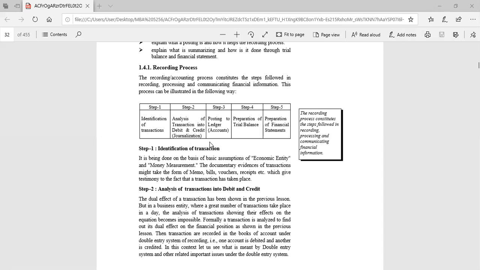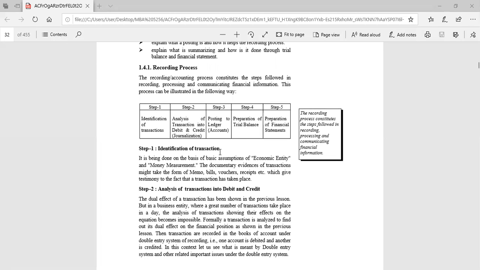Step 4, preparation of trial balance, and the final step, step 5, preparation of financial statements. So when a student, an accountant, an executive or any kind of person wants to record the financial transactions of an organization in the accounting books, then he or she must follow the five steps.